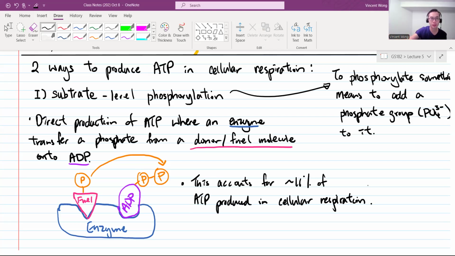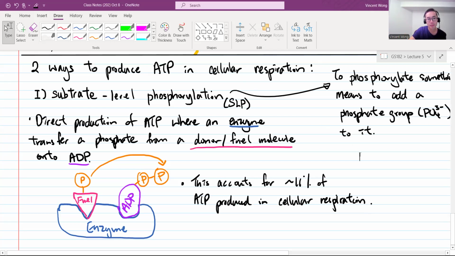So this accounts for about 11%, which is like 4 of them. So not a common way, but it's a direct way of making ATP. Because this is so long and difficult to spell and write, I'm just going to put SLP from now on. You don't necessarily have to memorize the name, but when I say SLP, you should know this is the uncommon way of making ATP. We're just making 4 out of the 36 ATP.